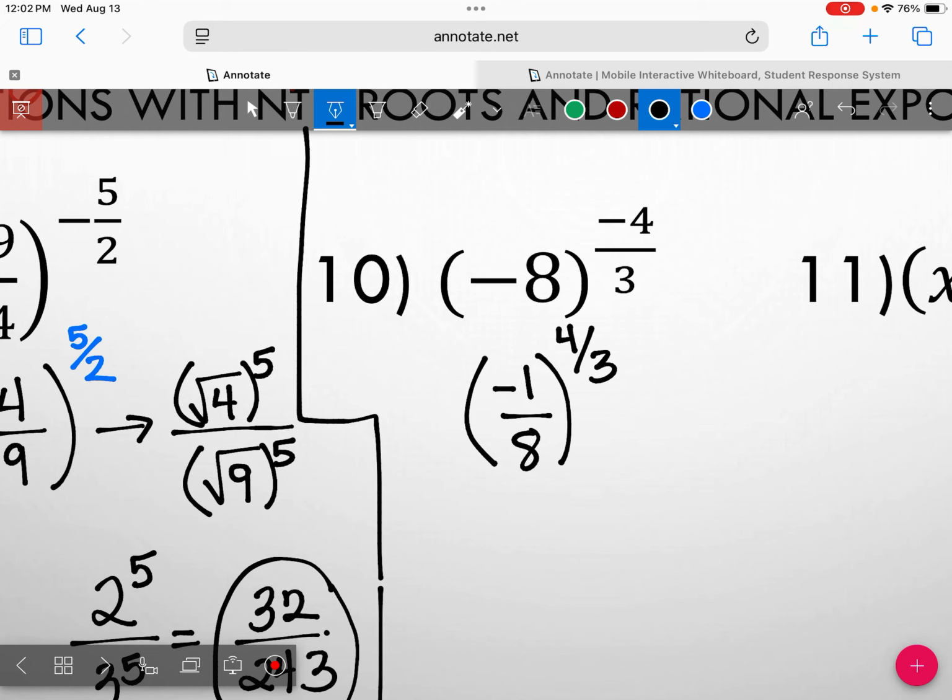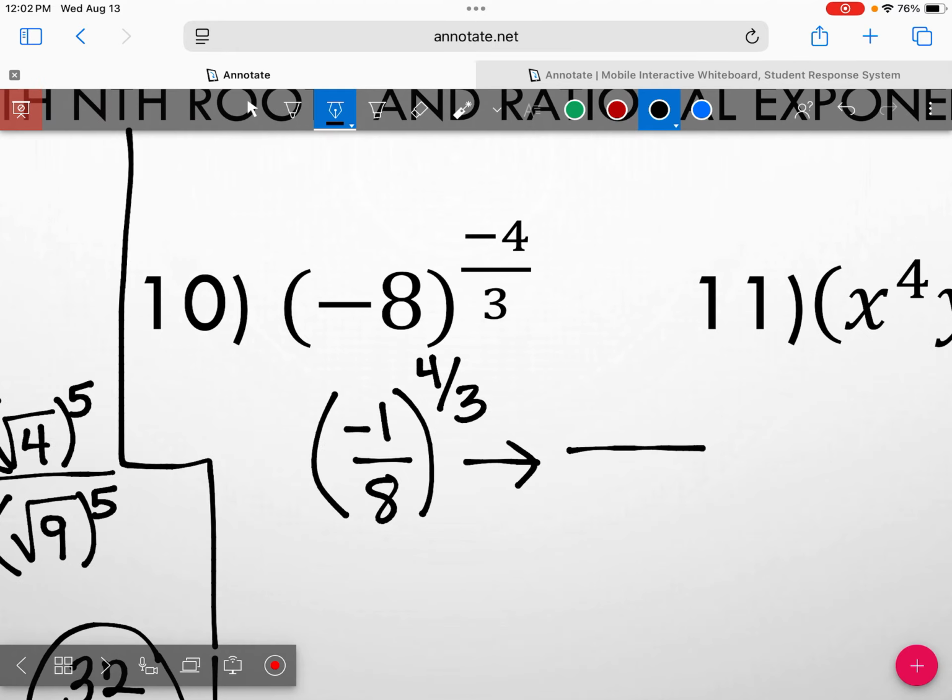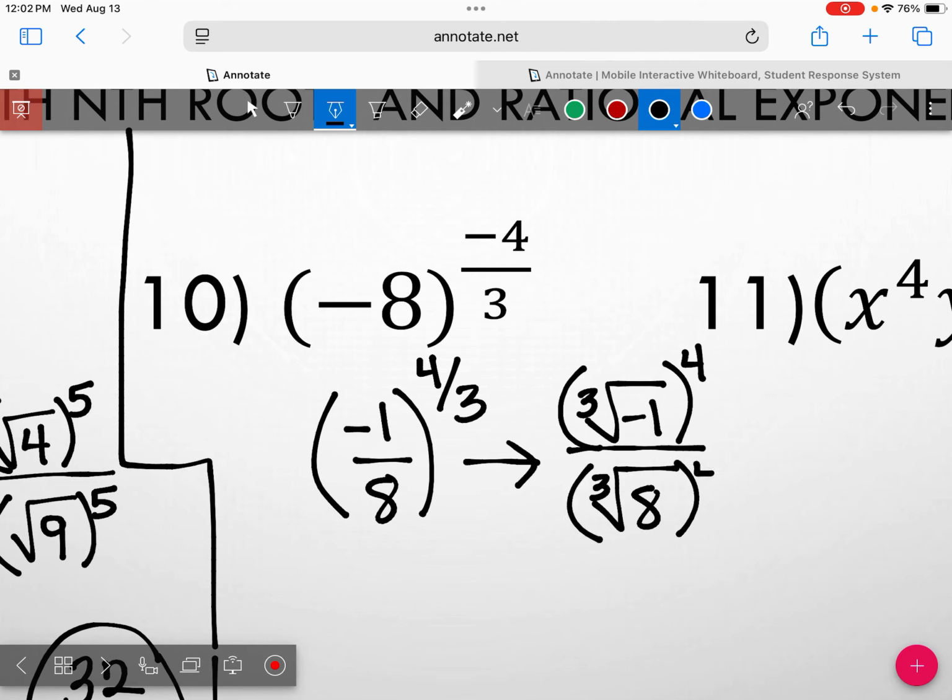It just needs to be in the fraction. So now we're going to do those two operations. The first thing it's asking us to do is to take the cube root of -1 and raise that to the power of 4. And then I'm also going to take the cube root of 8 and raise that to the power of 4.